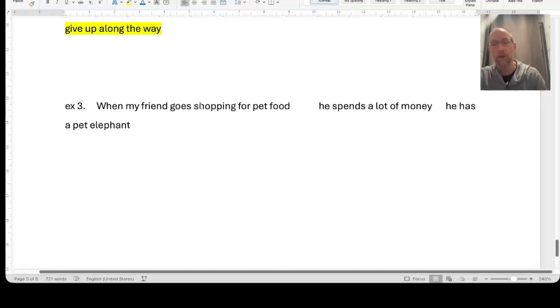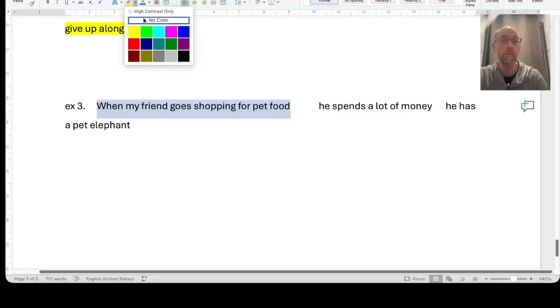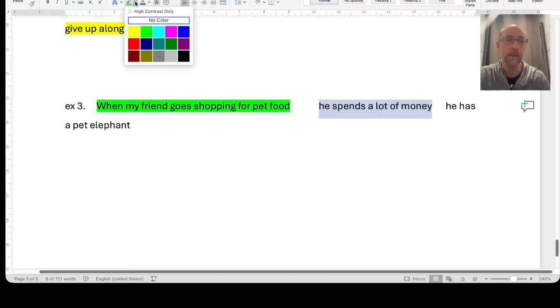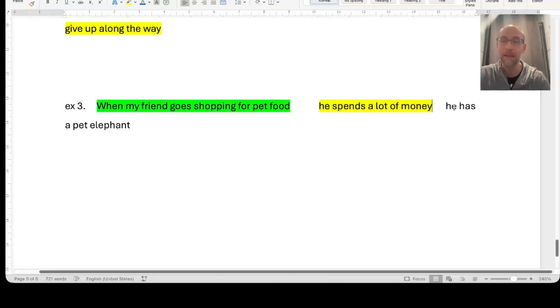When my friend goes shopping for pet food, "when," that's a subordinator, he spends a lot of money. Okay, independent. He has a pet elephant. Oh my God. All right. I think "he has a pet elephant" is by itself.